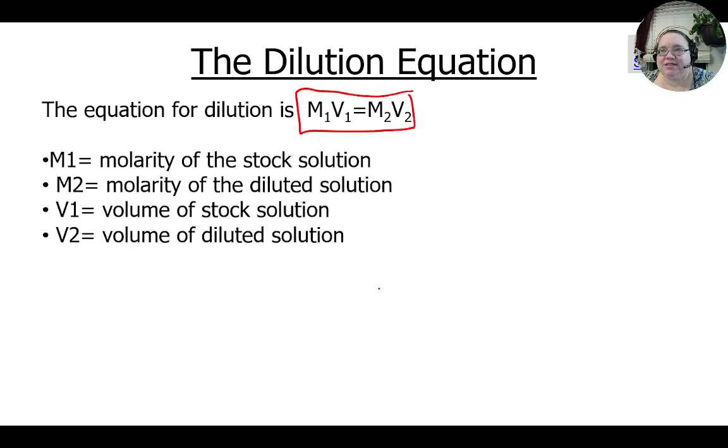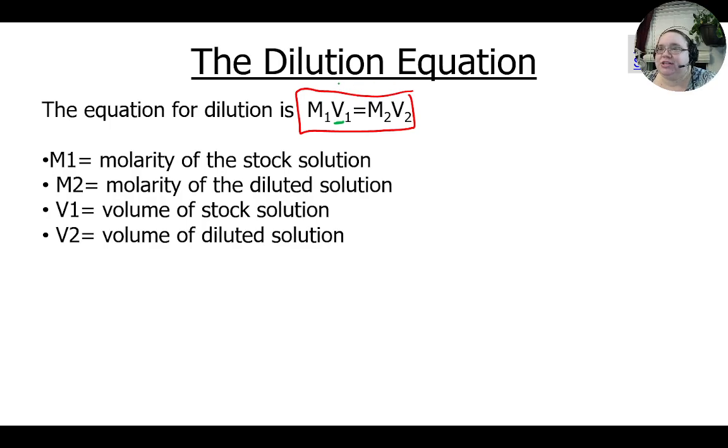The nice thing with this is because of the way the equation is written, what you're going to end up doing is you divide by the thing that you don't want. So let's say I am trying to solve this equation for volume 1. So I need to know what volume of my concentrated solution I'm going to have to measure out in order to get a specific diluted solution.